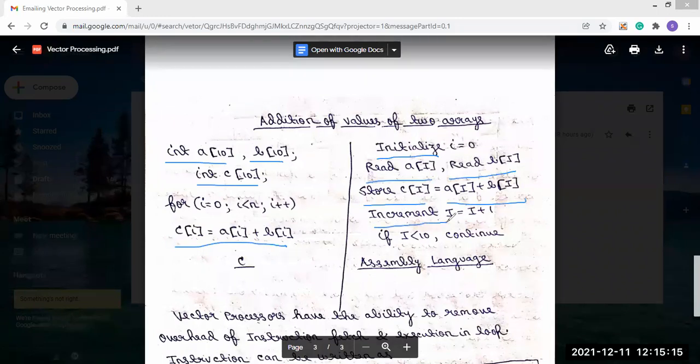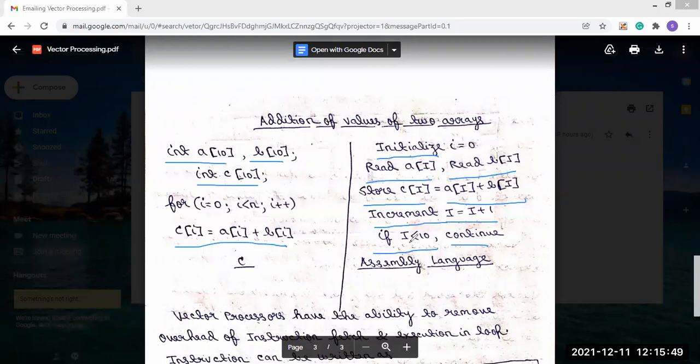Then increment I equal to I plus 1, and we continue while I is less than 10, that is, from 0 to 9, because we have 10 elements. So this is the code if we write it in assembly language.